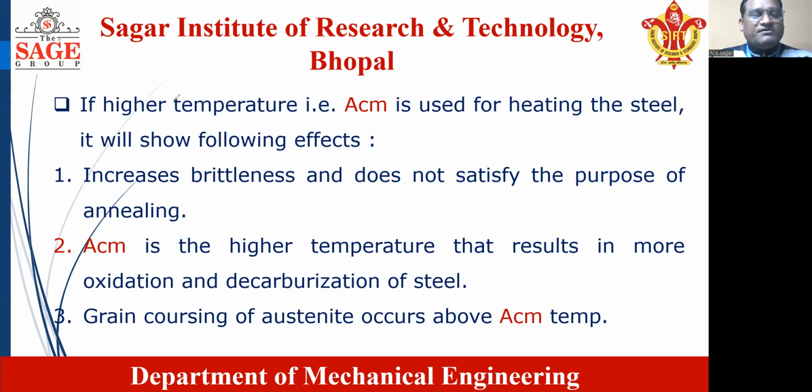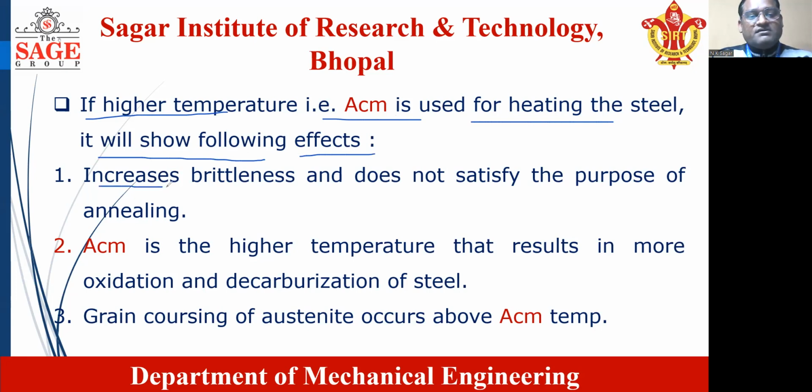These are some important points. For example, if the higher temperature ACM, the critical temperature, is used for heating the steel in the annealing process, what will happen? It will show the following effects.